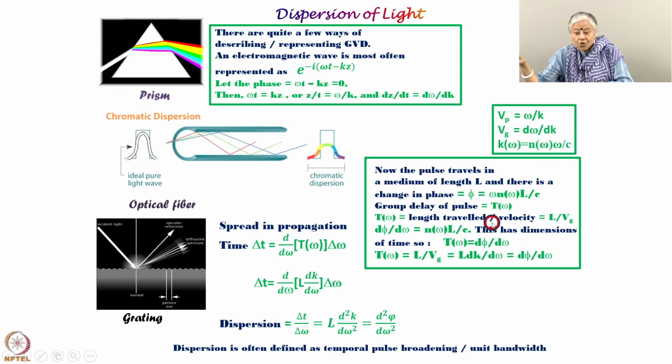So, the whole idea of doing this is that the phase and the time delay and the group velocity dispersion are all related to each other, and they all point to the same direction of a lengthening of the pulse. Okay. So, in my next lecture I will tell you about how exactly the pulse lengthens.